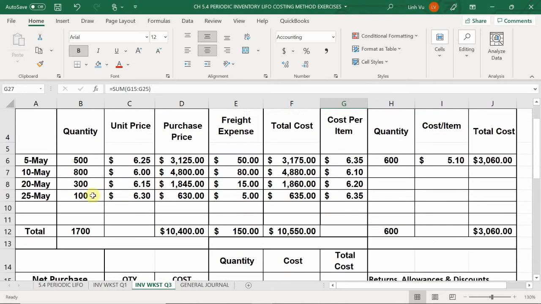Here we have our net purchases, and here we have our beginning inventory. Because we're using last in, first out, we're assuming that the inventory on hand of 600 was placed there as of April 30th, so that's my oldest batch. With LIFO, which batch of inventory am I going to sell first?